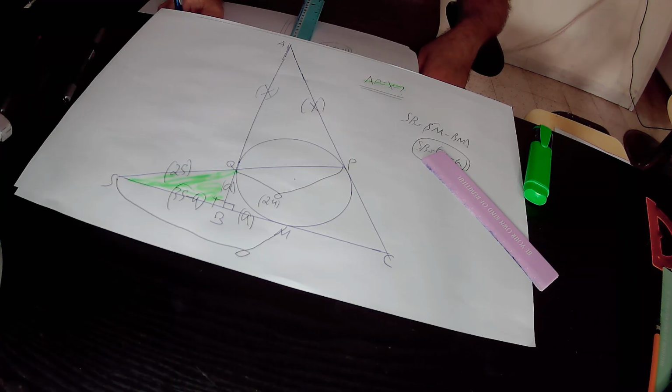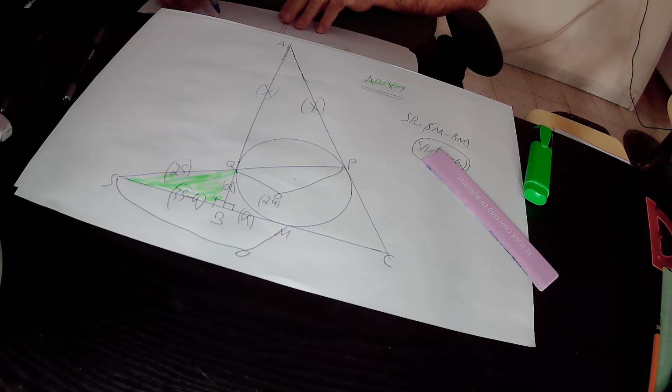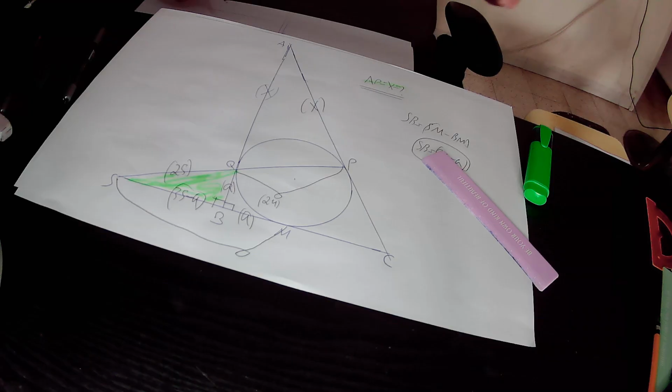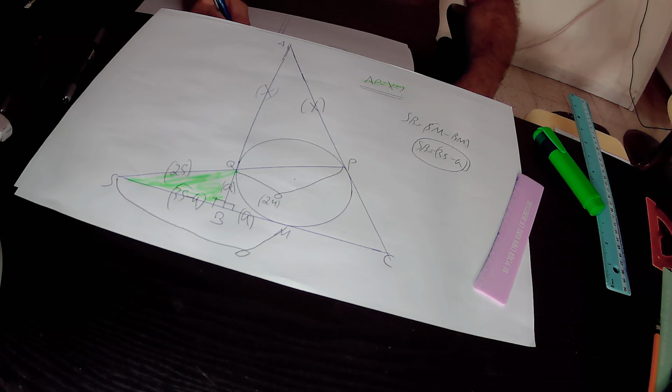Here PT is the version for Pythagoras theorem. So in this right triangle SQB, SQ squared, that is the square of the hypotenuse, is equal to QB square plus BS square.